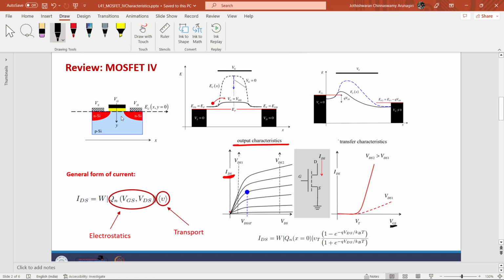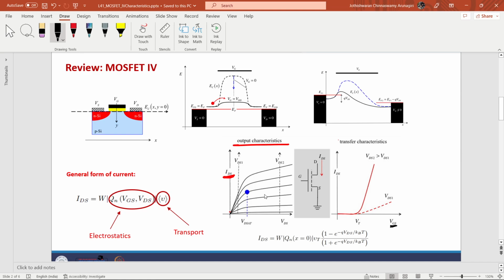However, what should be noticed is that VGS is essentially a voltage applied between this terminal and this terminal. VGS is a scalar, so it is not applied in any direction. But what I am seeing is the variation of the potential along the y direction of the device, whereas over here I am looking at the applied voltage along the x direction.